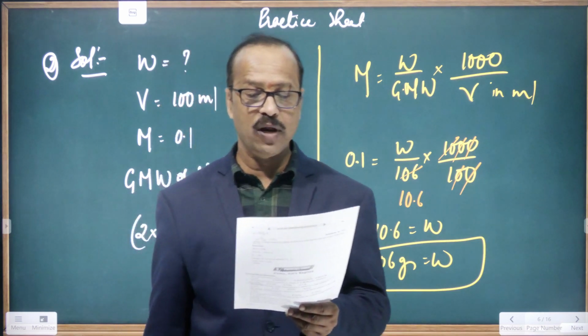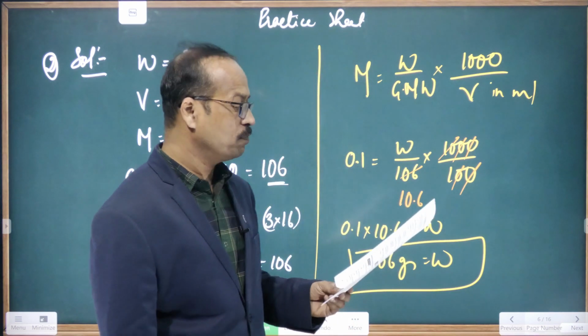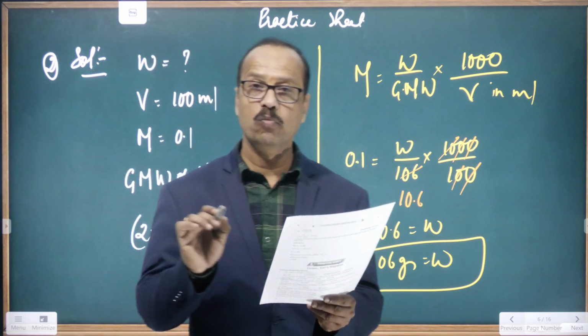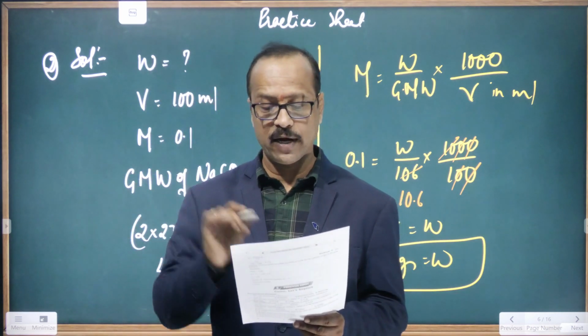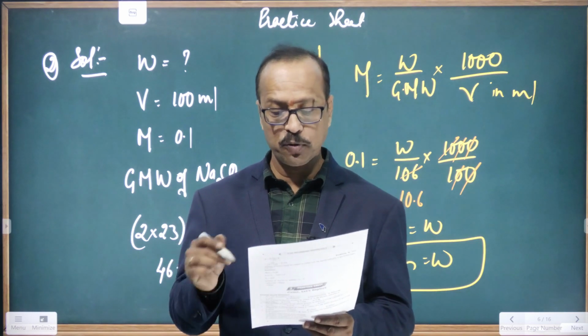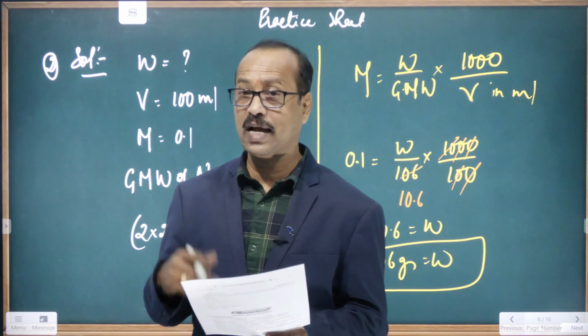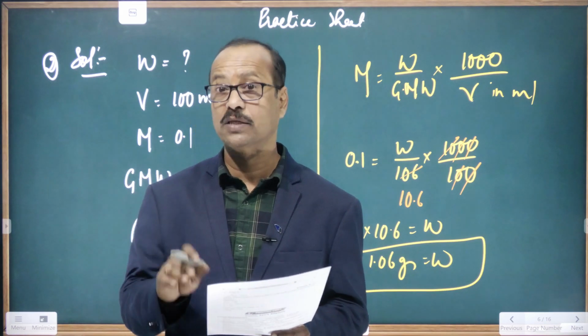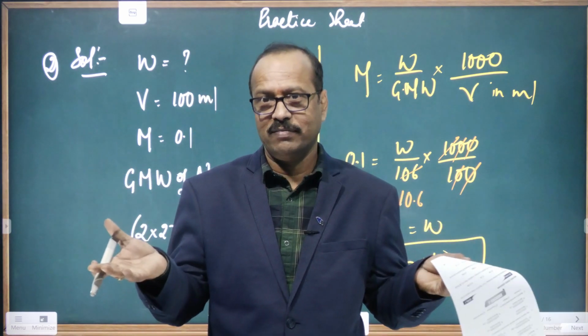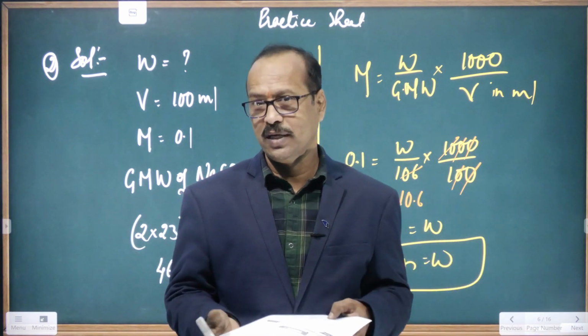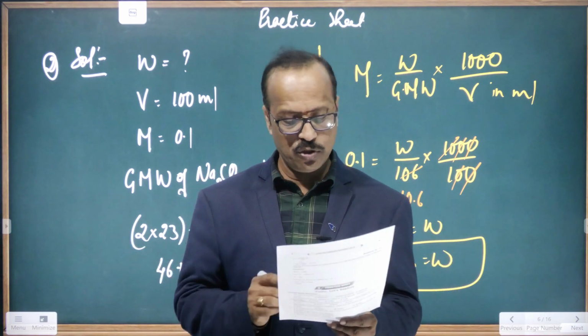And the relation between molarity and percentage, as I just gave: percent of solute by molecular weight of solute into 10. The second option: molarity is inversely proportional to temperature. This is also very important. As the temperature increases, molarity decreases. Why? As the temperature increases, volume increases, students.